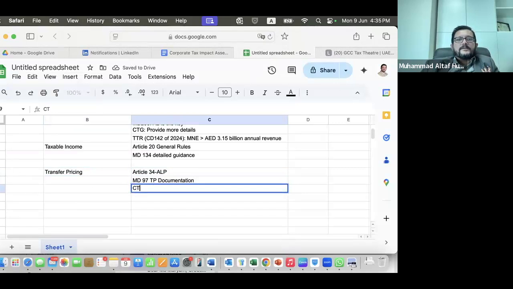And the corporate tax guide on TP disclosure. This is module 16.